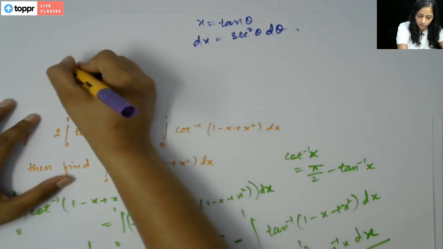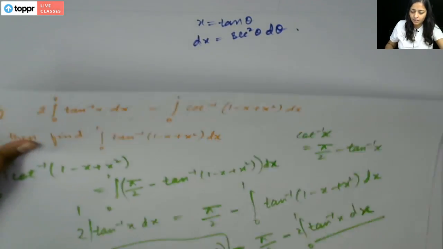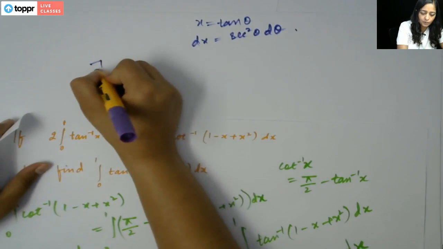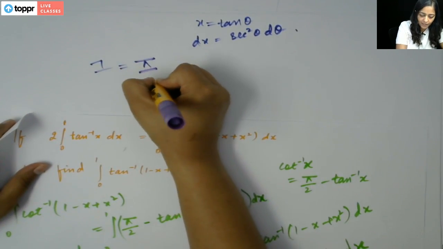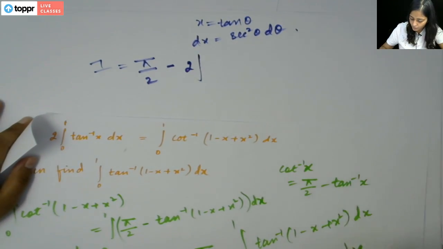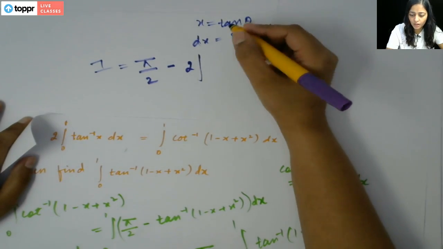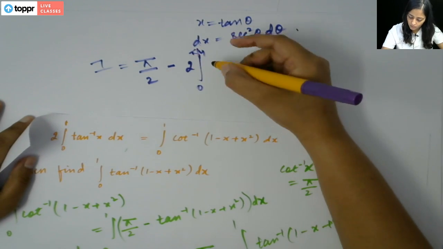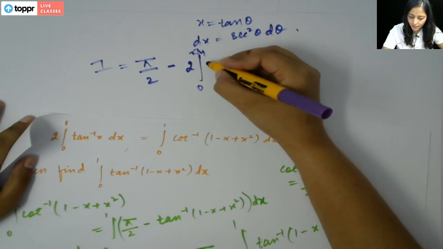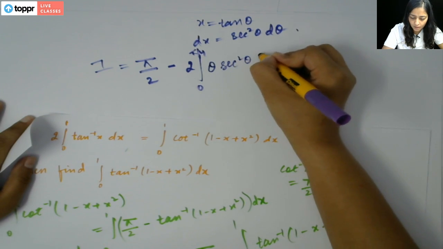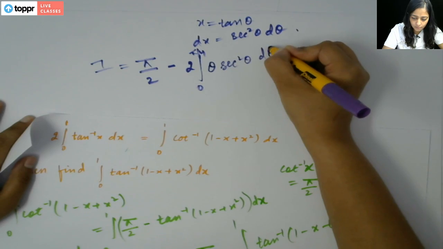Let's say this integral is equal to I. So our I would be equal to pi by 2 minus twice of, the limits would change since x is from 0 to 1, so the limits of theta would be 0 to pi by 4. So tan inverse of tan theta is theta, and then sec square theta d theta.